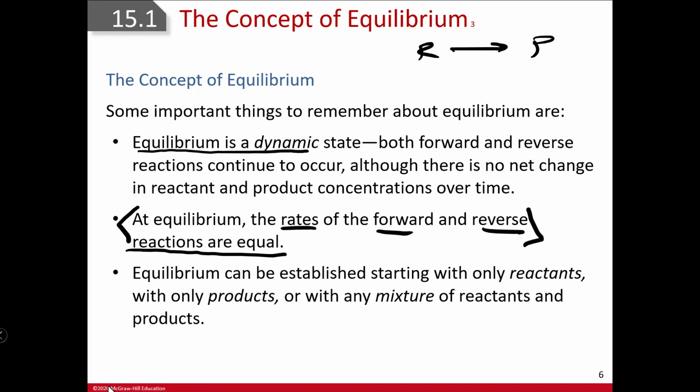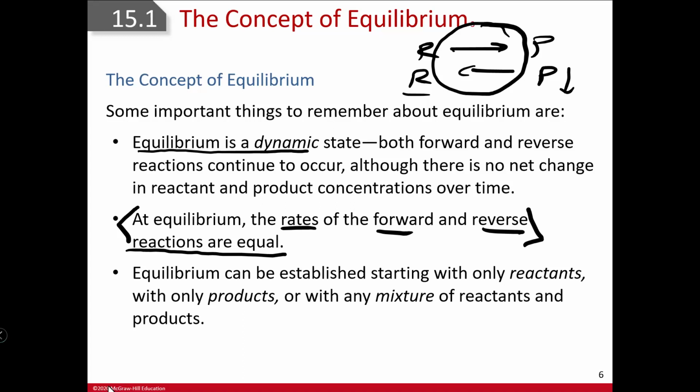And if the reverse reaction isn't equal, then the product is going to be converting to reactant, and so we would see this huge increase in reactant, and we'd see a decrease in the product. So these rates have to become equal. So at equilibrium, the rates of the forward reaction and reverse reactions are equal. Make sure you understand that.